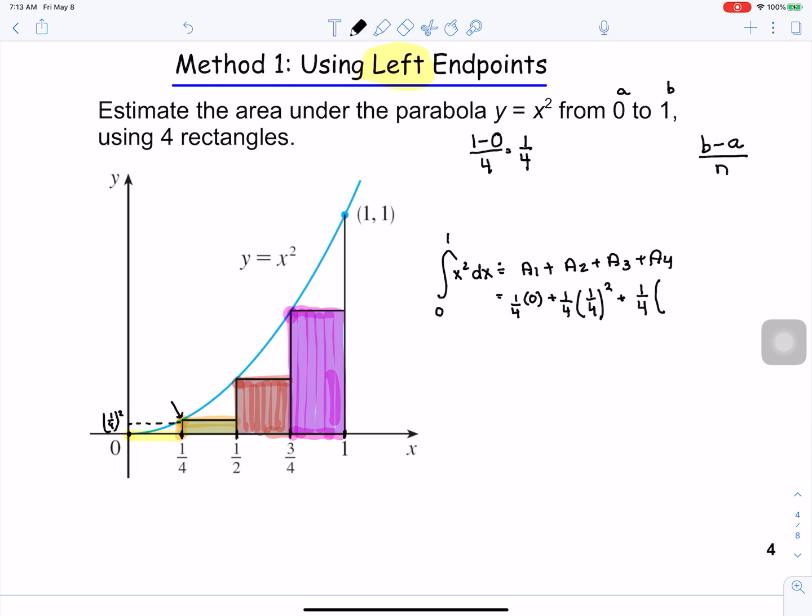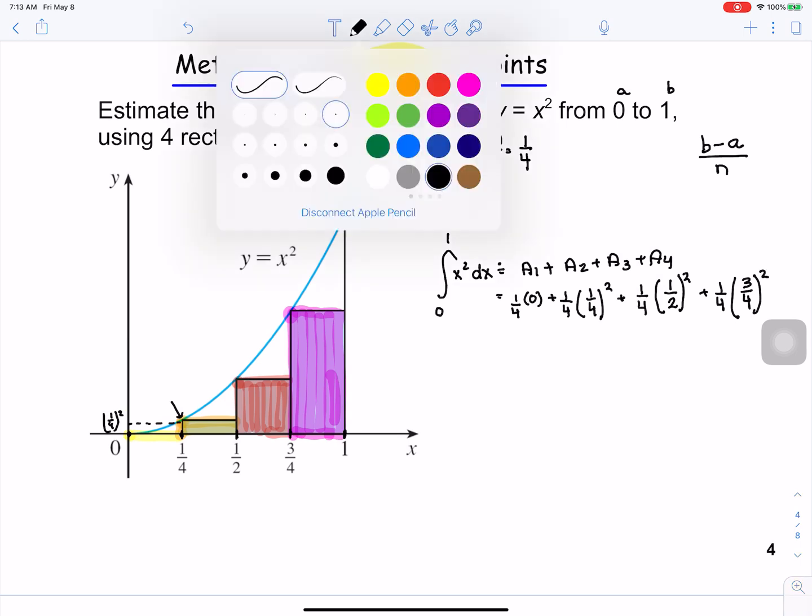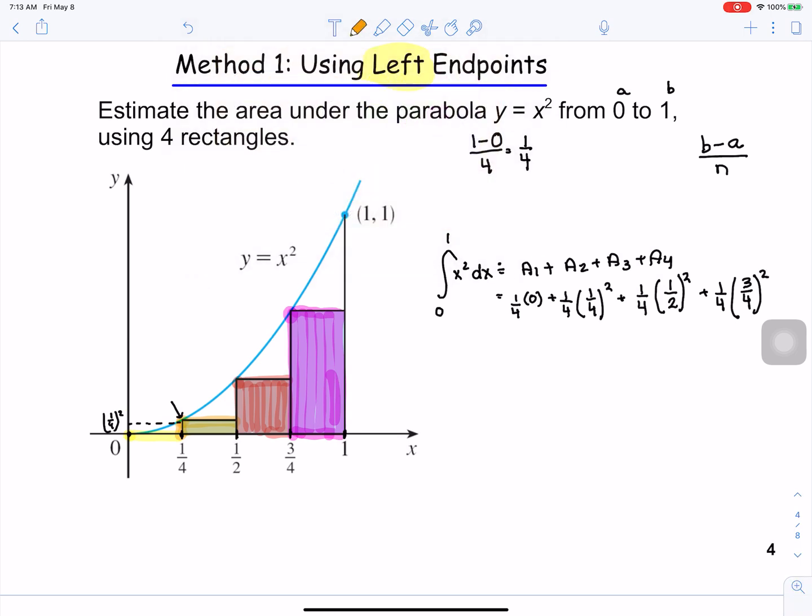The height is dependent on the left endpoint being subbed into your function. And then the last rectangle has a width of 1/4 and a height of the left endpoint being subbed into the function. So you recognize that these ones are just the function at the left endpoint.